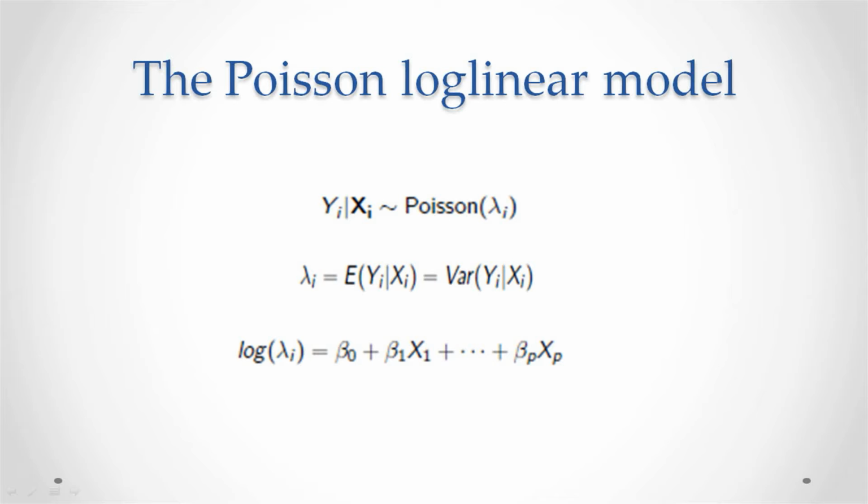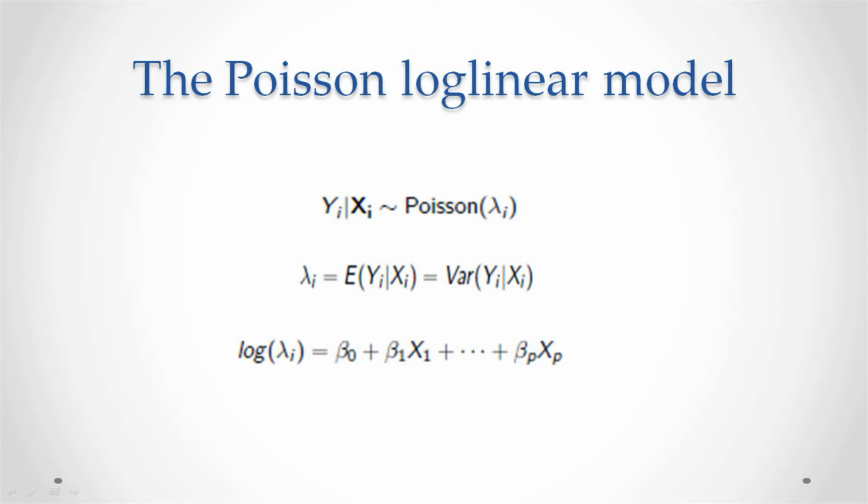So the assumptions of the Poisson log linear model. We first assume that we have data on an outcome yi, which is a count, and a p-vector of covariates xi for a set of n individuals.